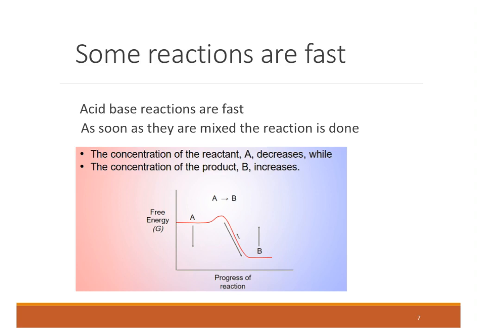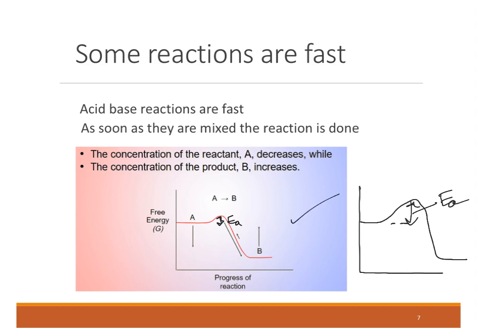Now, if you're comparing two reactions, let's say they're both spontaneous, but one has a much smaller activation energy than the other one. So I would ask you, which one is spontaneous? You'd say, okay, both of them.